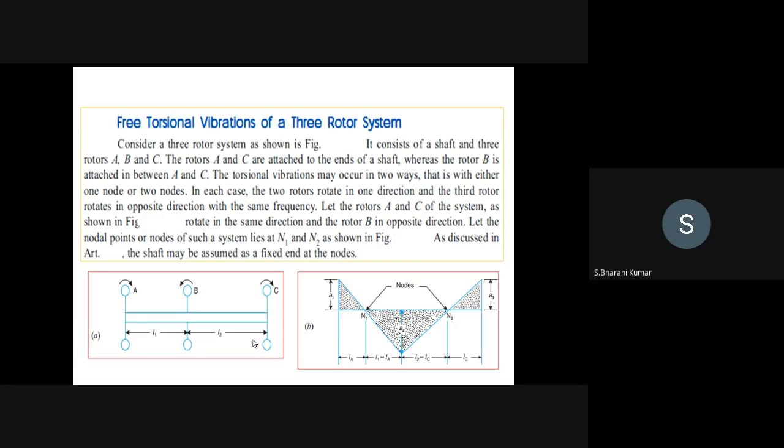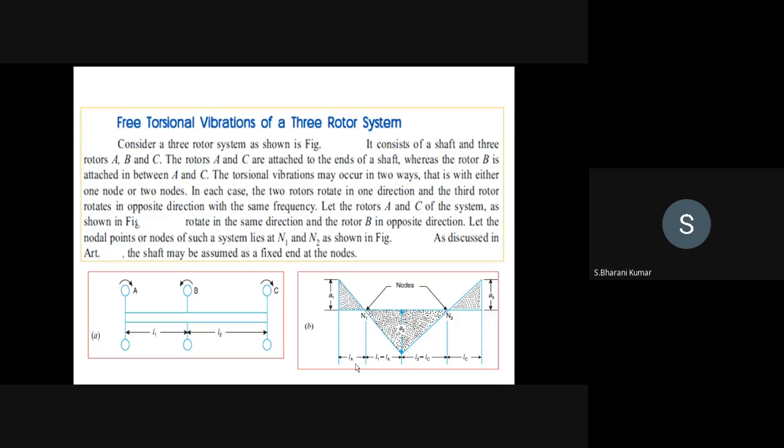For this the node position is totally different. This is the rotor system and this is the node position of the system. This is rotor A, this is rotor B somewhere in this area, and this is rotor C.